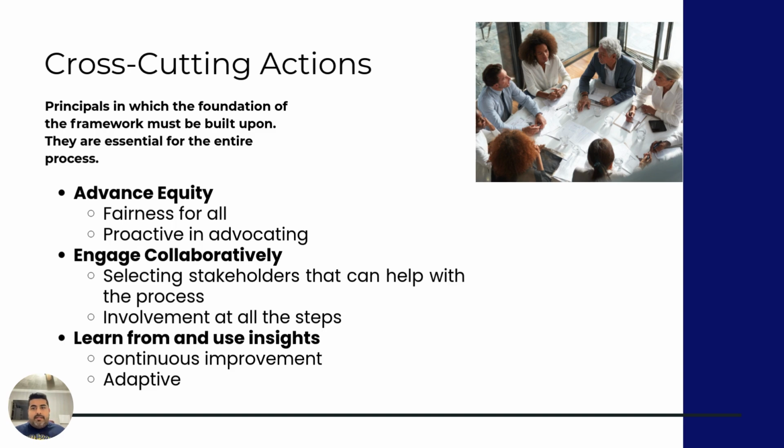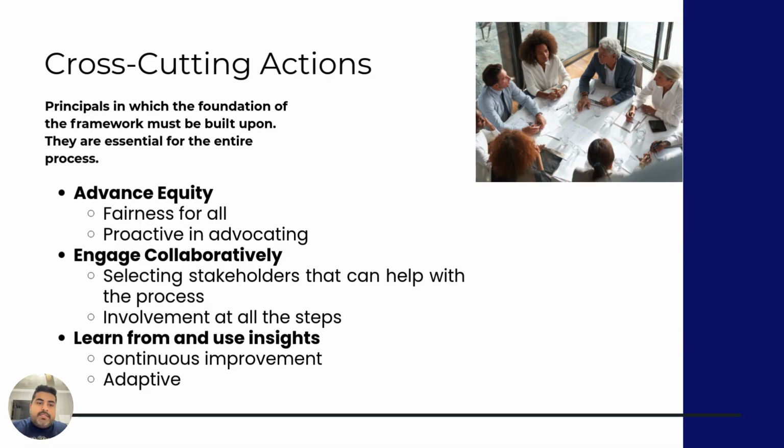I love the house analogy. So it's like it's the foundation, and then you build everything else on top of that. So based on that diagram, these are the three things we need to be doing prior to even initiating the actual development of evaluating a program.